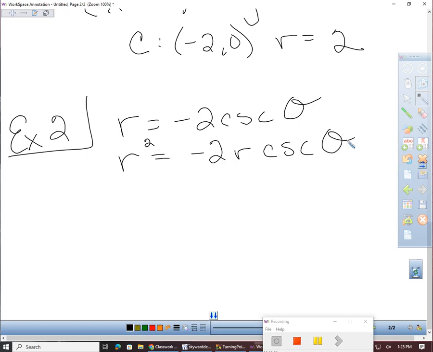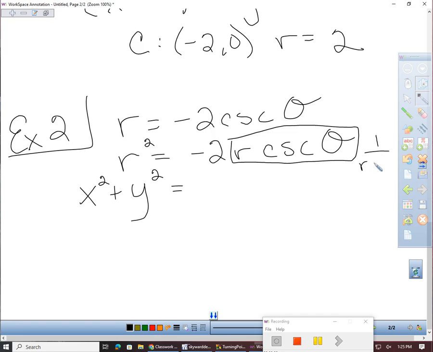All right. R squared we know equals x squared plus y squared. We have a problem over there, though. This is actually 1 over r sine. Oops, actually my r stays on top. Sorry. This is actually r over sine theta.